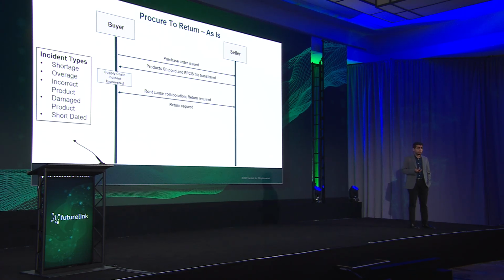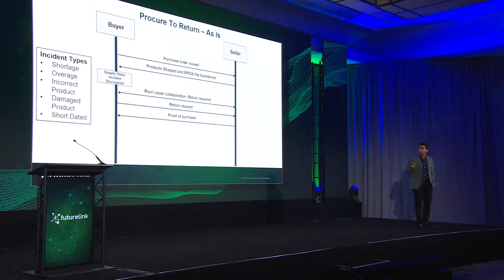All of the information is on emails, and the supplier asks for a proof of purchase. How does the supplier make sure that the products that are shipped were actually shipped by them? One of the common issues that we see in this process is the supplier gets a return which they actually didn't sell to this buyer, which again is a compliance violation.